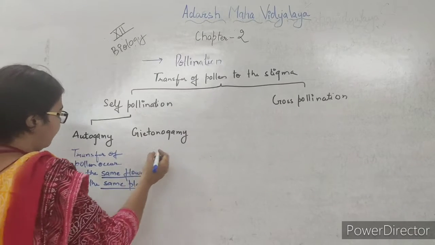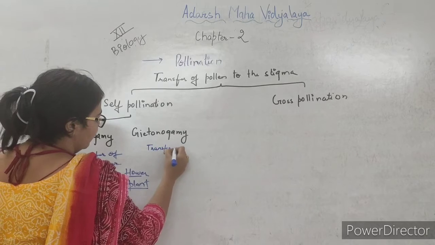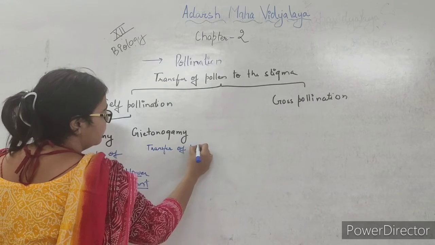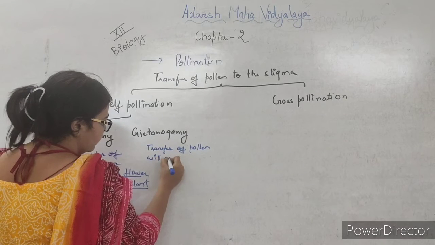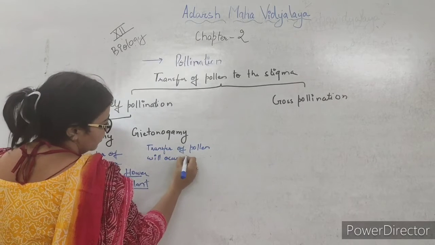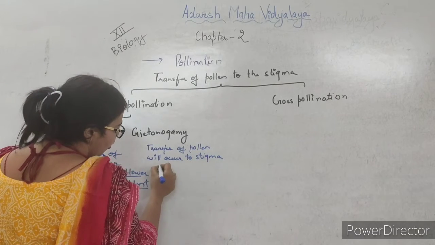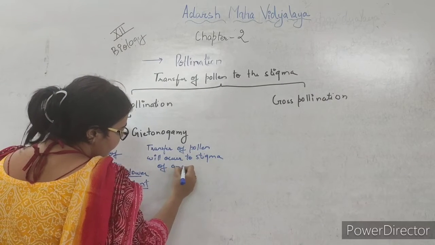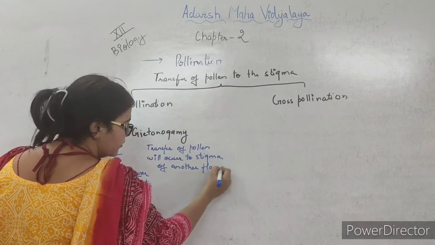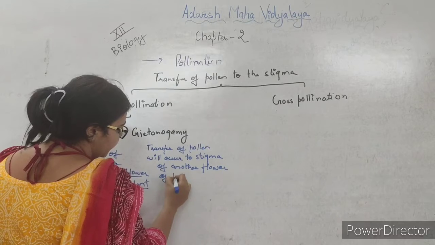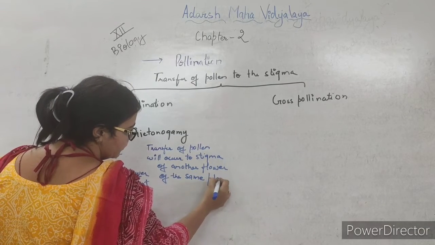In geitonogamy, transfer of pollen will occur to the stigma of another flower of the same plant.